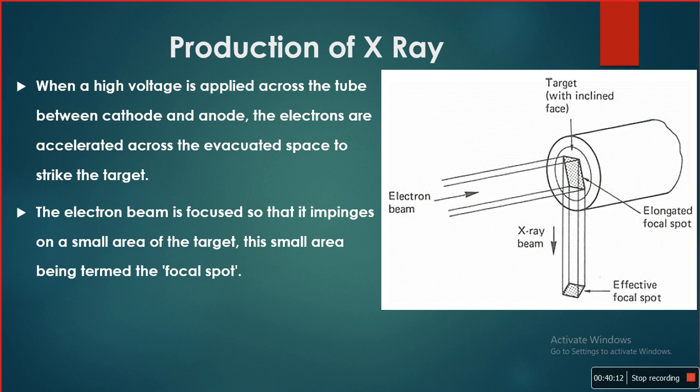However, the extent of anode heating which occurs prevents the use of too small a focal spot. If you extend the heating of the anode, it will penetrate the component more and we can't get the exact details of the component because of the extended heating time.